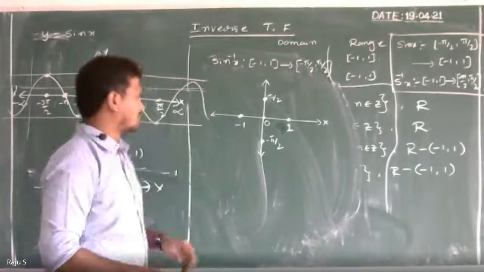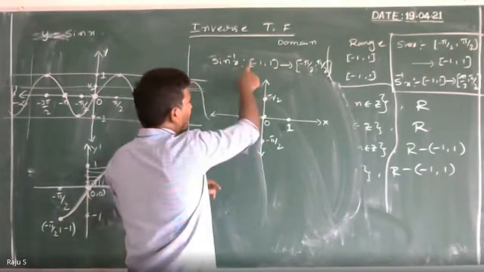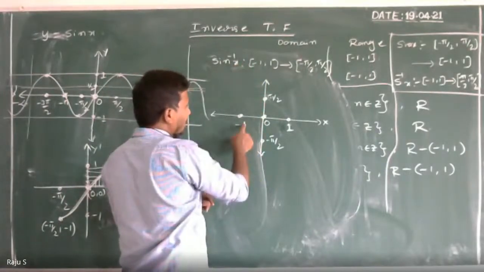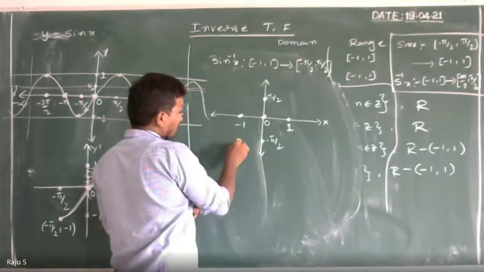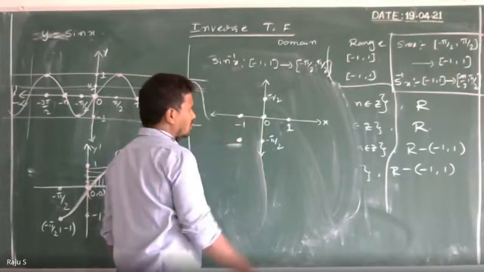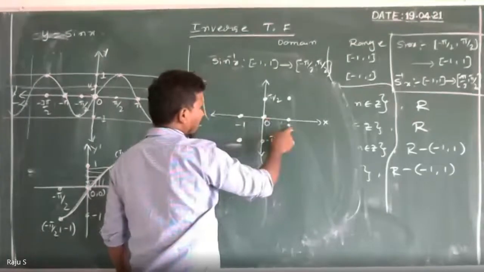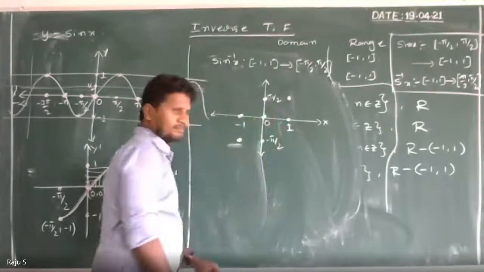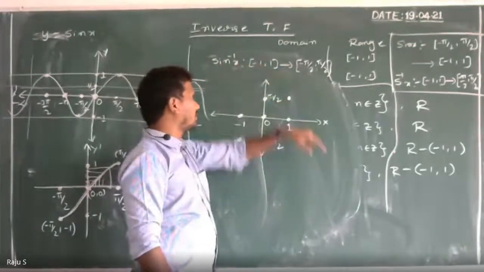Okay, students. Here, sine inverse of minus 1 becomes minus 90, that we know. Minus 90, this is the point. Sine inverse of 0 is 0 only. Sine inverse of 1 is plus 90.